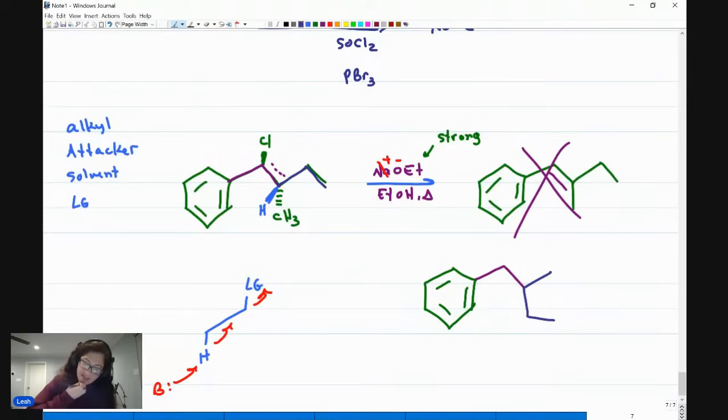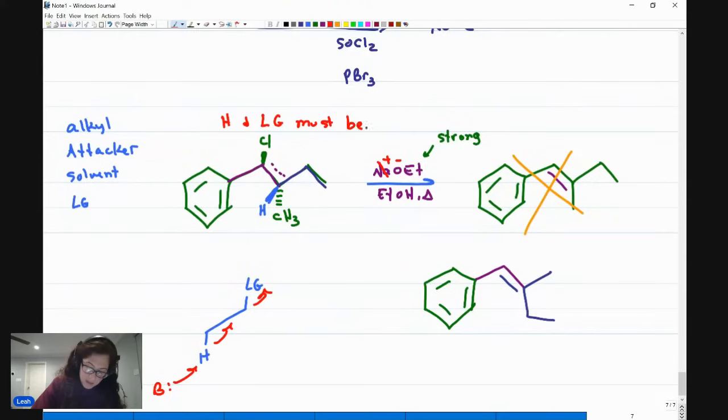In rotating it like that, the hydrogen then goes down where the chlorine is up, and now I can put my pi bond here. So it's very, very similar, but you have to make sure that your hydrogen and leaving group are anti to each other. H and leaving group must be anti. If they're not, rotate.